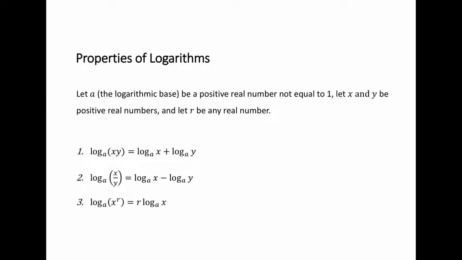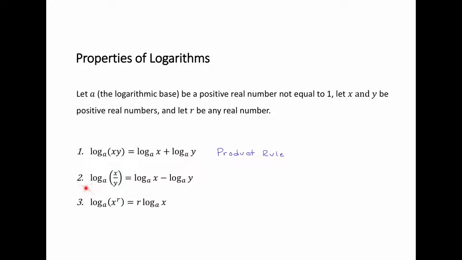And we call this the product rule. The product is in the argument in the single logarithmic expression, and you can separate that into the sum of the logarithms of the factors.